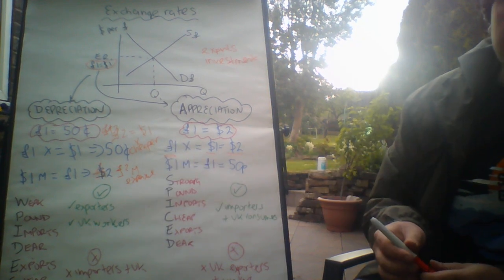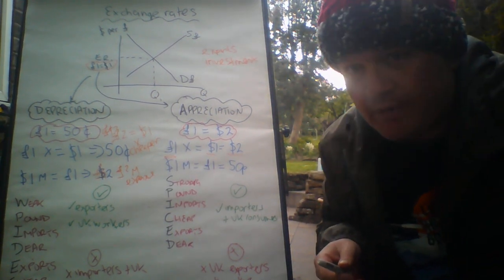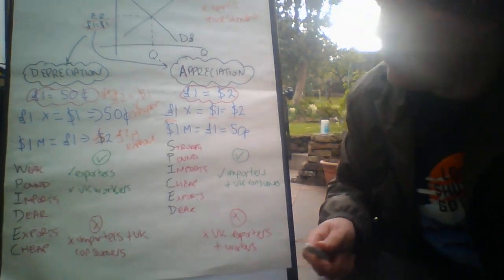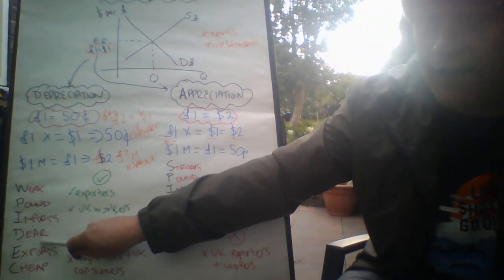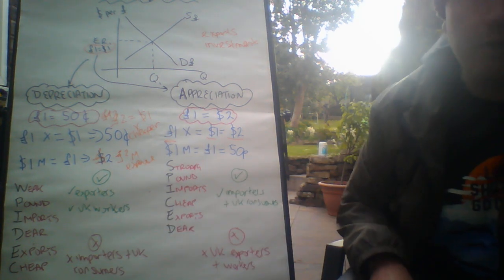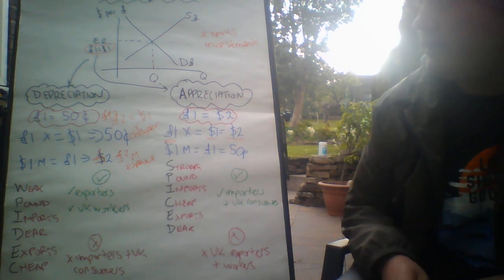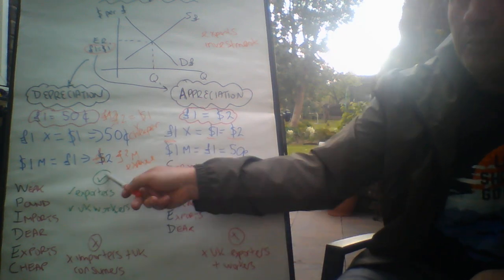So look at the impacts of this on our economy then. And by the way, everyone, you've got a really good acronym to remember this here. We've got something that we call Whippy DAC. Weak pound, imports dear, exports cheaper. Look what's happened. Based on this exchange rate movement here, the imports have doubled in price.